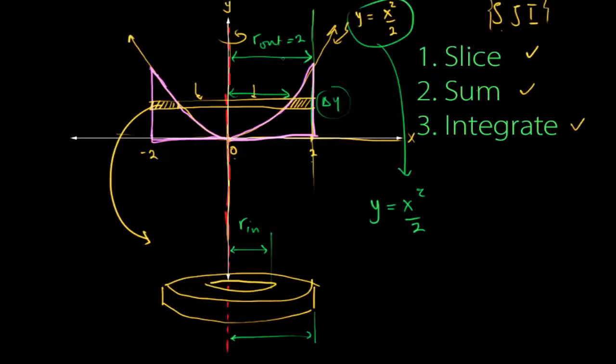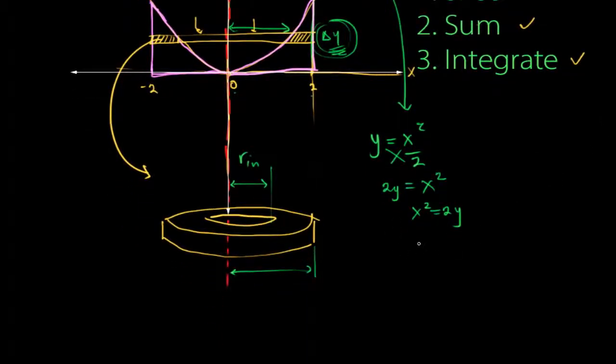But all the things we are working with, we are working in terms of y. Since the height is in delta y, we are working in terms of y. So I'm going to write the function here as a function of y instead of a function of x. So when you cross multiply, you have 2y equals x to the power 2, that is x squared equals 2y. Now to solve for x, x is just going to be the square root of 2y.